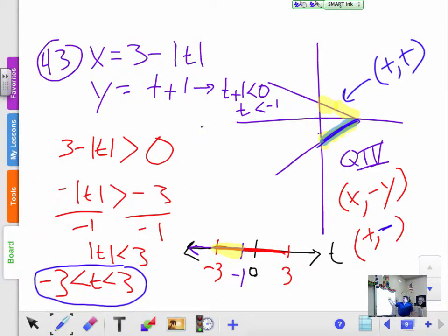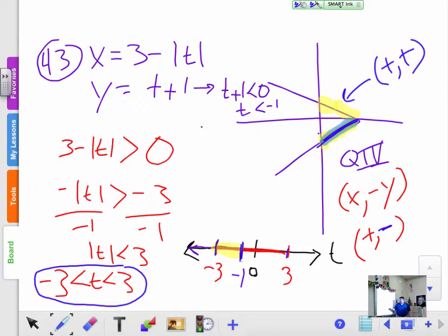So that means that t plus 1, which is how I calculate y, must be less than 0. That's the fancy formal math way to say negative is less than 0. I solve that algebraically and I say t is less than -1. So then what I did is I graphed here that t can be from -3 to 3, and that'll give me a positive x value.